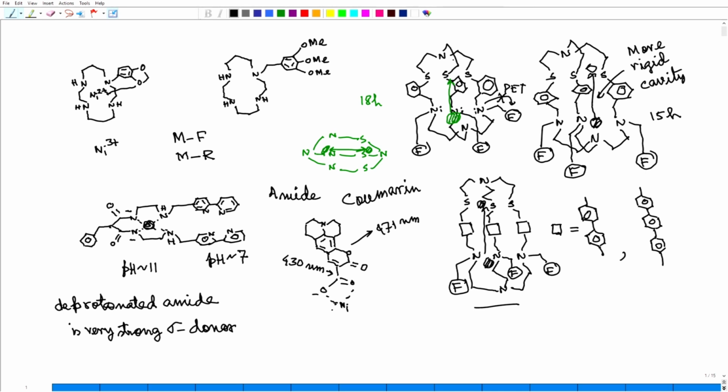So, nickel when it was here, it could bind coumarin derivative, but when nickel 2 is here, because this deprotonated amide is very strong sigma donor, it will not bind coumarin. So, coumarin will remain as such free. Because of that, when now we excite it at 430 nanometer, we see very strong emission, fluorescence emission.